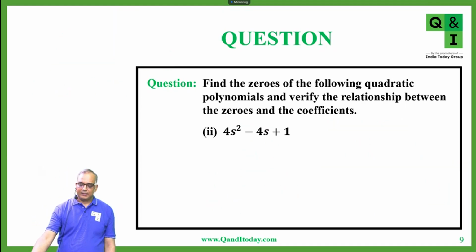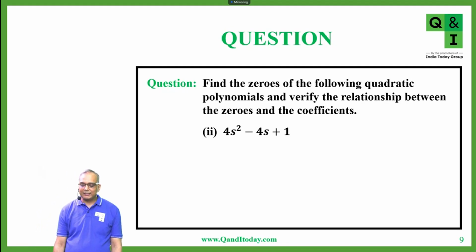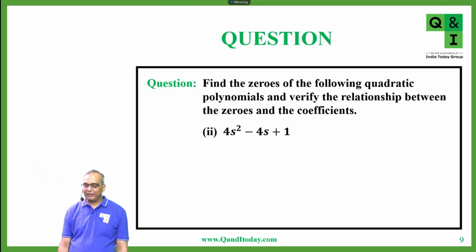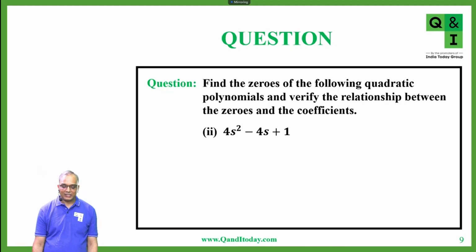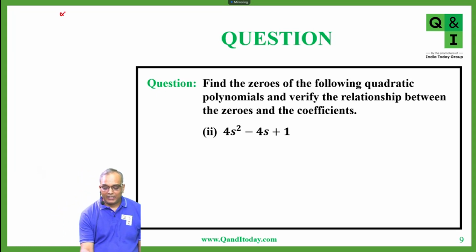Okay. Now in this question, you have to first find the zeros and then verify the relationship between the zeros and the coefficients. So you have to tell me the zeros first. And you have to verify the relations alpha plus beta is minus b by a and alpha times beta is equal to c by a.